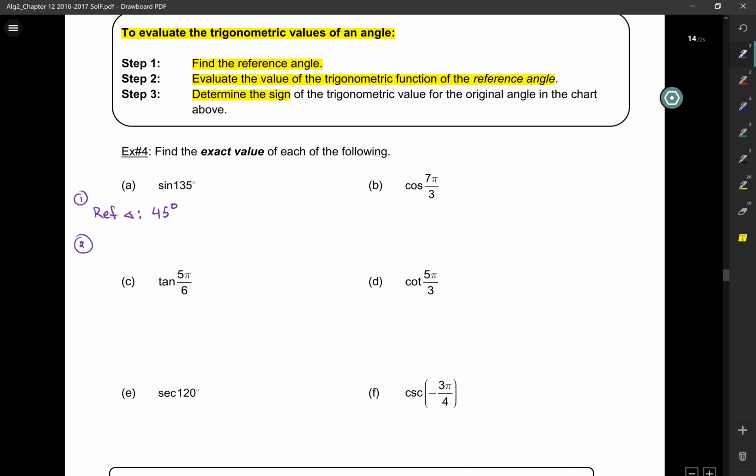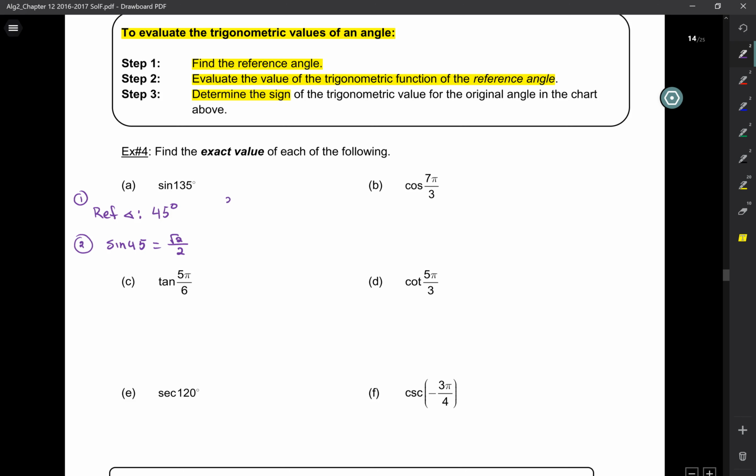I want sine of 135, so I try to find sine of 45, because that's the reference angle. What would be the sine of 45 degrees? It's root 2 over 2. The side that 45 degrees faces is root 2 over 2.